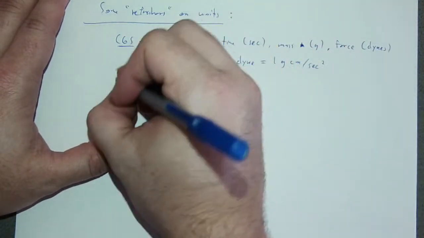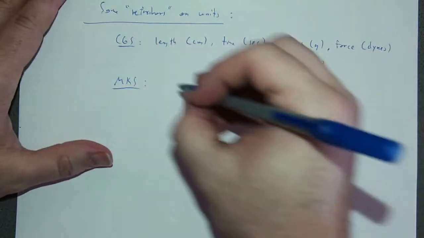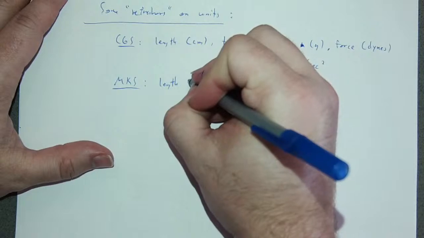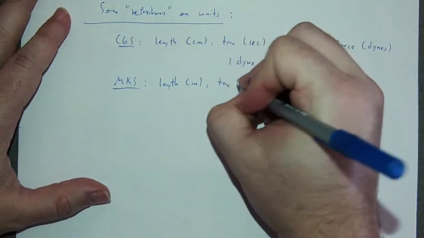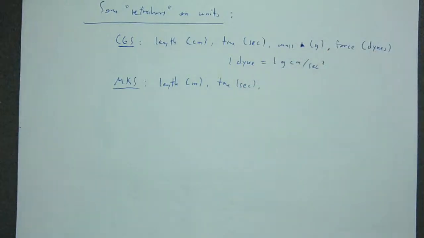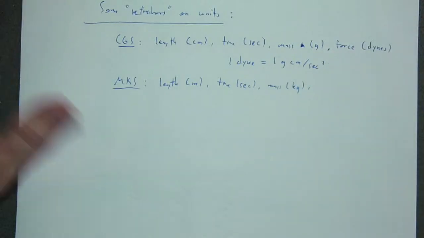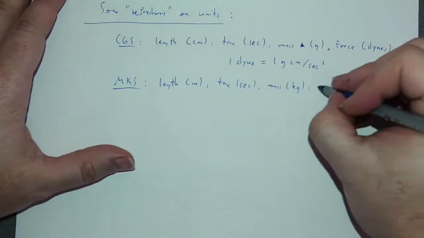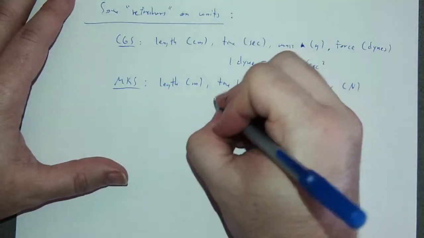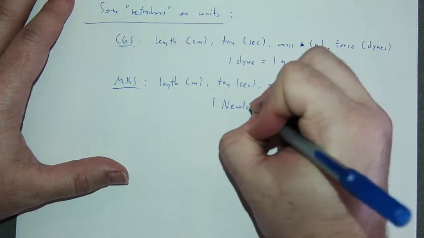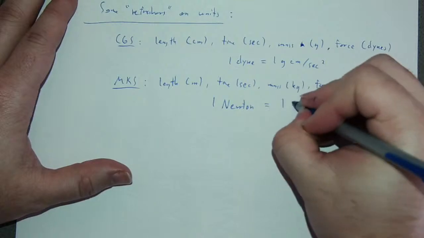And in MKS, length is meters. Time is seconds. Mass is in kilograms. And force is in newtons, where 1 newton is equal to 1 kilogram meter per second squared.